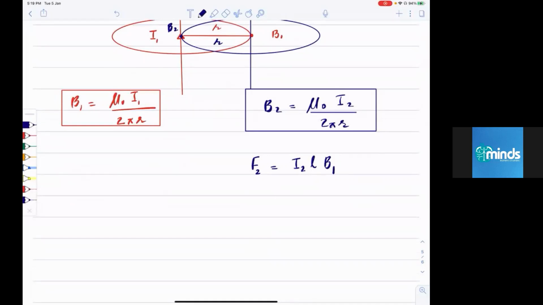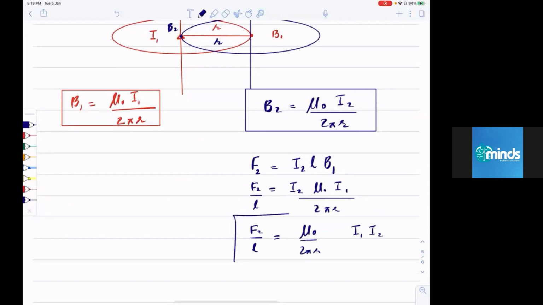Just put the value of B1. What will you get? I2. I'm interested in force per unit length. So I2 B1, where B1 is mu naught I1 over 2 pi R. So F2 over L is mu naught over 2 pi R I1 I2.